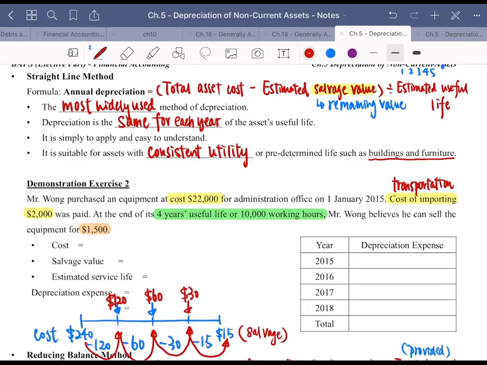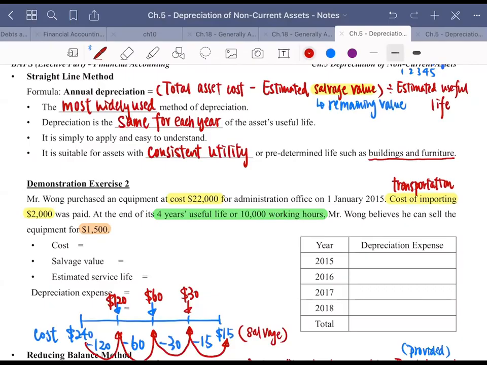First of all, the first question I would like to ask is whether the cost of importing, which is the transportation cost of this equipment, should be categorized as a capital expenditure or revenue expenditure. Think about what we have learned last time. How do we define capital expenditure or revenue expenditure?